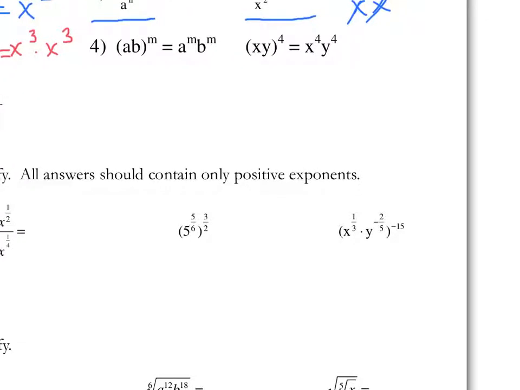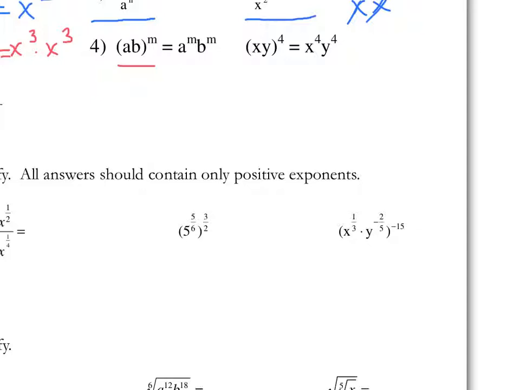If you have a product in the parentheses, so we have (a times b) raised to the mth power, you want to raise both the a and the b, both factors, to that mth power. So it becomes a to the m times b to the m. An example, (xy) to the 4th.